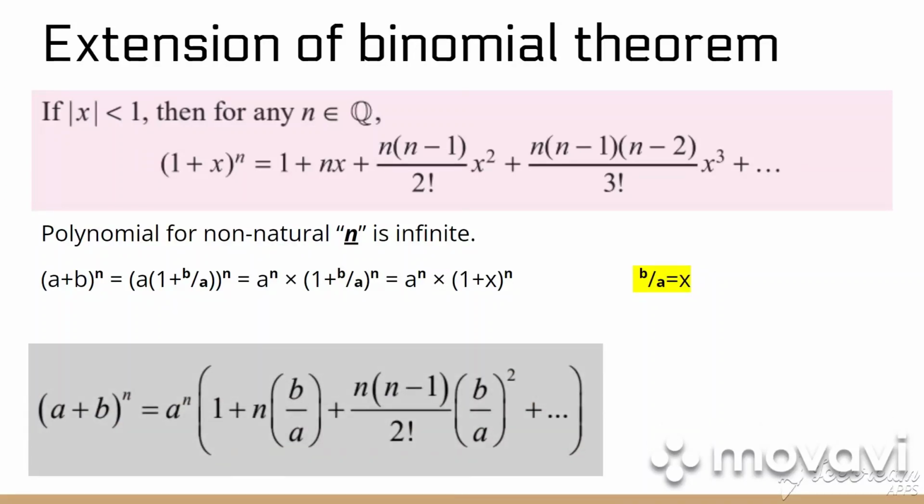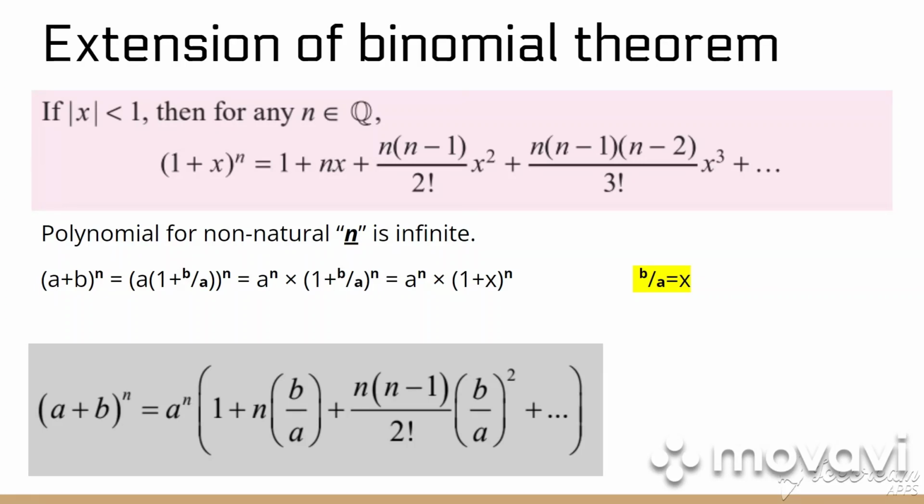And this is a whole extension of the binomial theorem for any number, even if the n is indeed natural. We can still use this formula, but for natural n, it is simpler to use the binomial theorem.